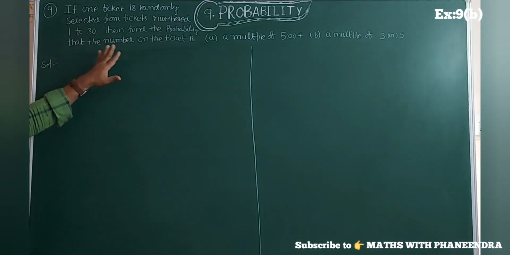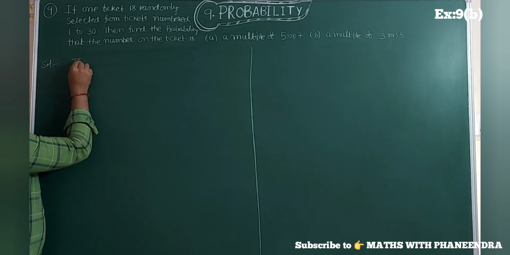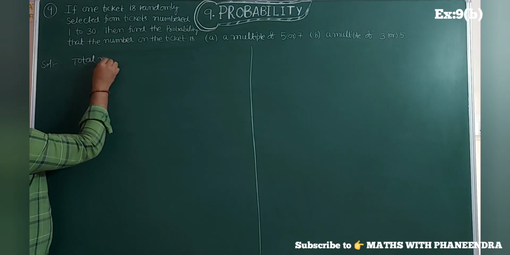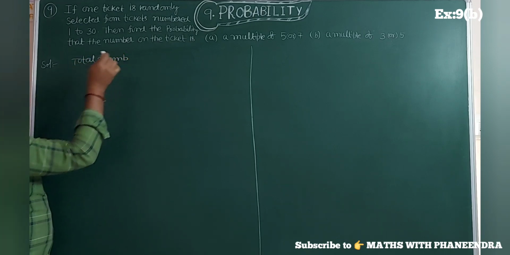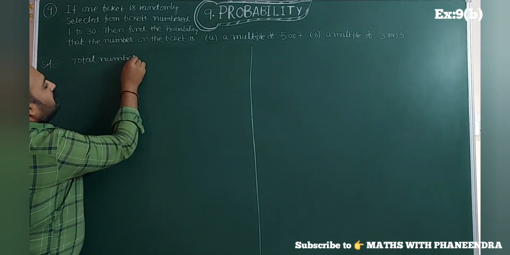So how many number tickets are there in total? 1 to 30. So total number of tickets, that means these are the total outcomes in the sample space, 30 are there.